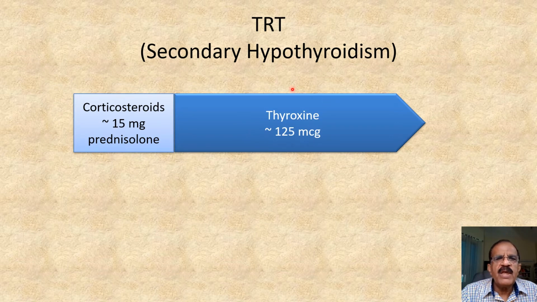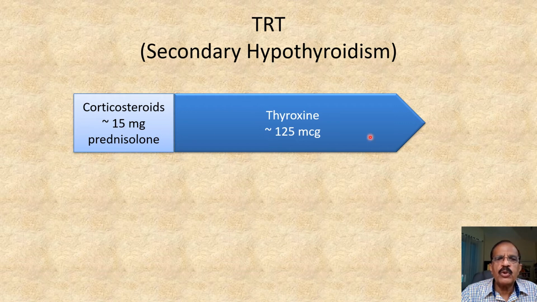Now the approach in secondary hypothyroidism is slightly different, and in this case we first have to replace corticosteroids with prednisolone that is available in our country, and the usual dose is 15 milligram. That is like 3 tablets, 2 tablets in the morning and 1 in the afternoon.